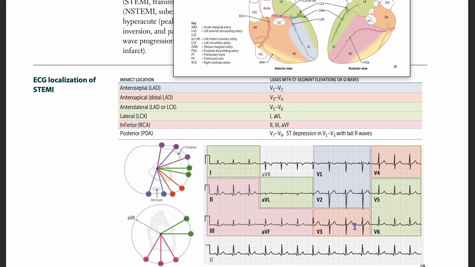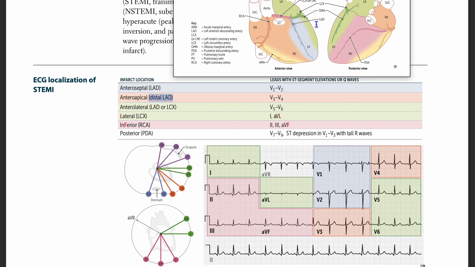Okay. If you have done ECG, you know this already. So V3 and V4 is right there, the oranges, and this is on the anterior side, right? So it's going to be the anterior and apical, because that's the apex or the apical region of the heart, where you can feel the heartbeat with your apex beat, right?